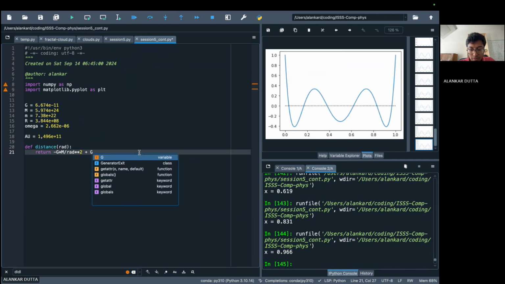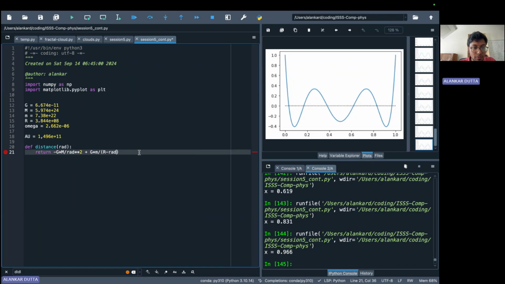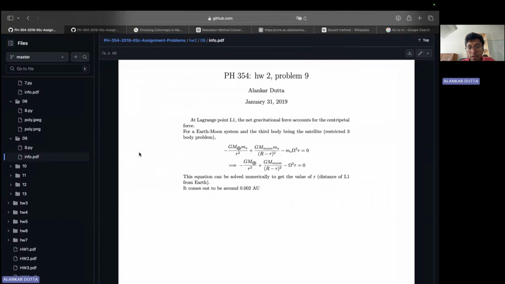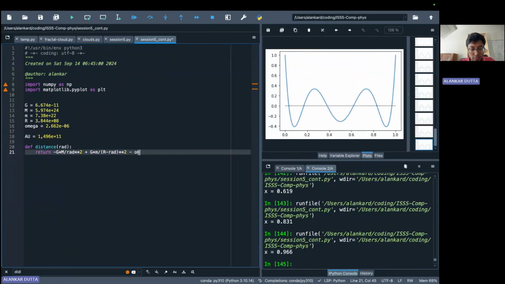G times M moon divided by uppercase R minus rad square. And then this is minus omega square R, minus omega square times rad.